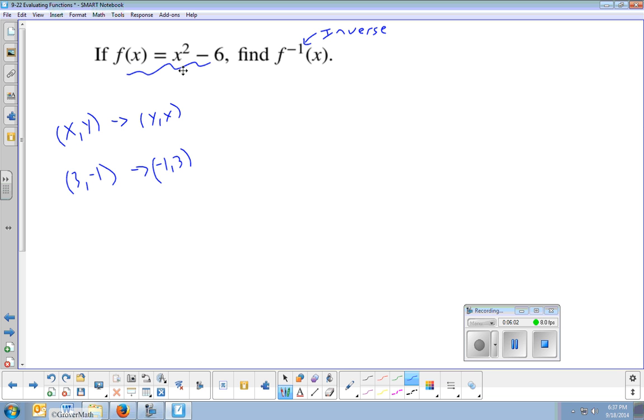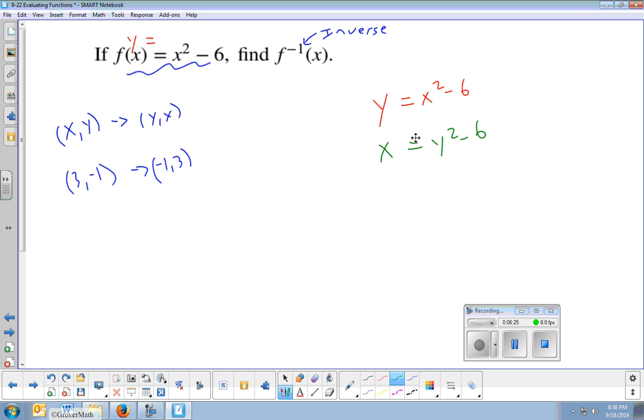And that's exactly what we need to do here. But f of x equals x squared minus 6 has no y. But as I said earlier, remember that f of x is the same thing as y equals. So you could just think of this as y equals x squared minus 6. And then to take the inverse of this equation, I'm going to switch x and y to make it x equals y squared minus 6.